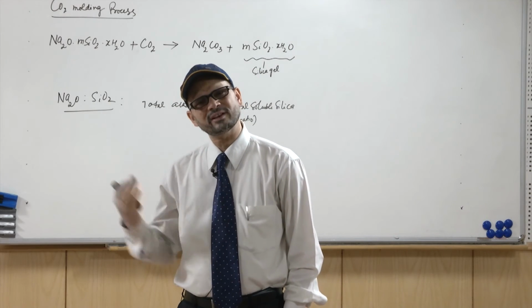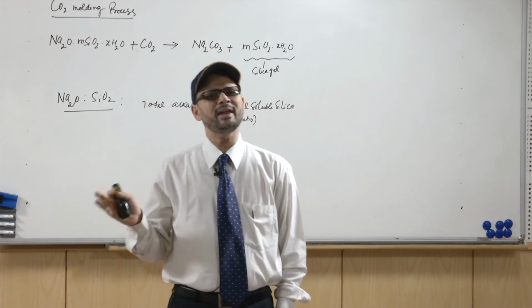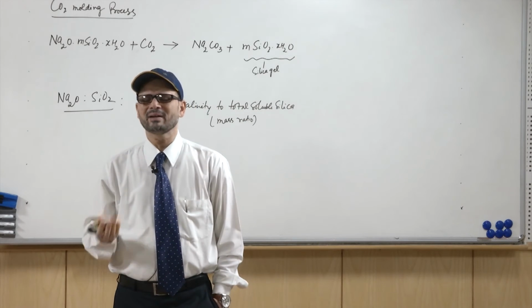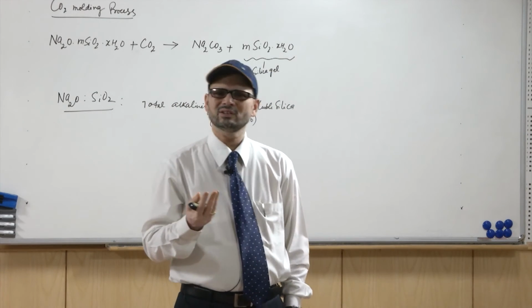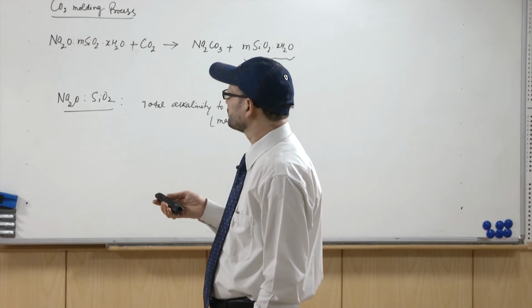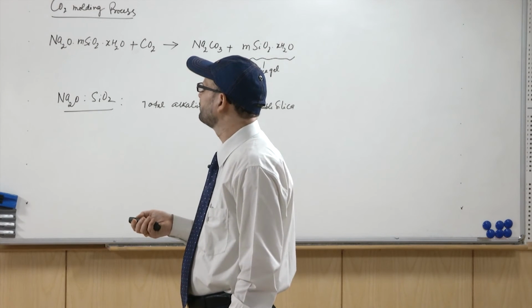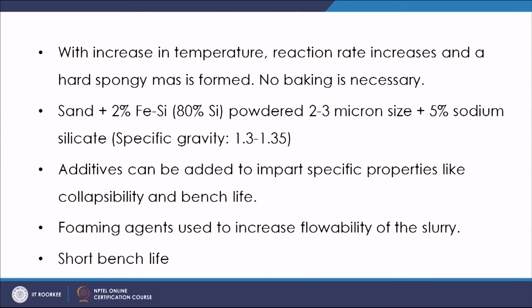In the normal atmosphere itself, it will be baked or dried in certain time and get a lot of strength. So, in this case also you have collapsibility as well as bench life.